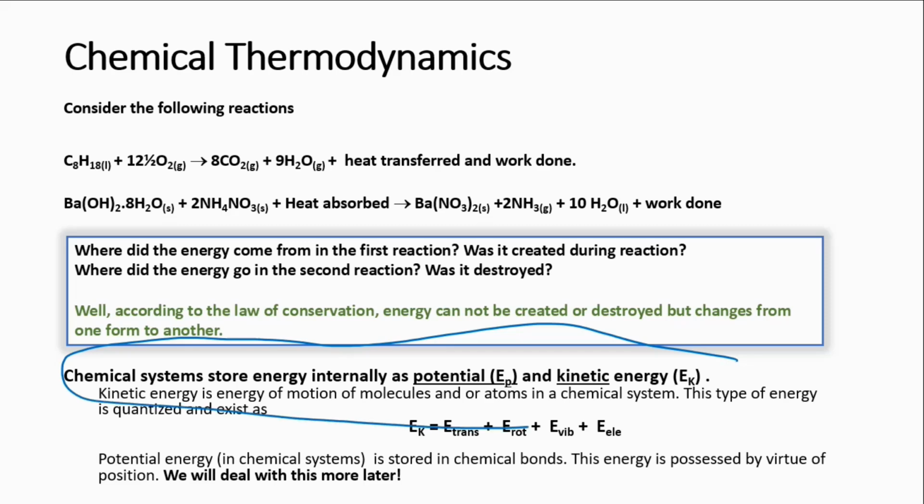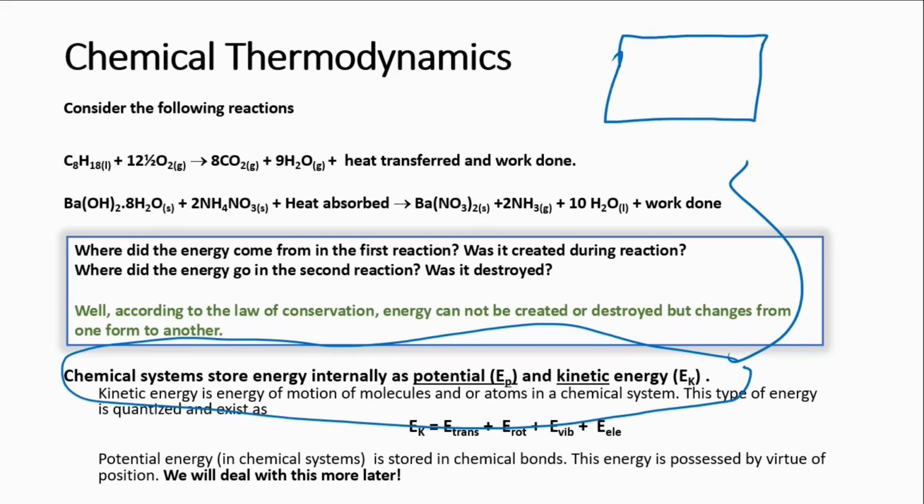It is telling you that in a system, the total energy is equal to the sum of the kinetic and the potential energy. In other words, the energy within a system can be divided into kinetic and potential energies. These are the two broad categories of energy that exist within a system.